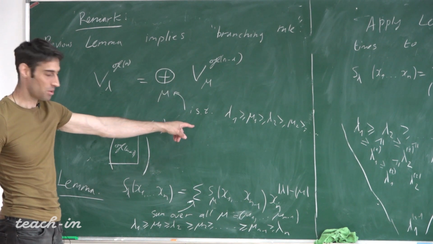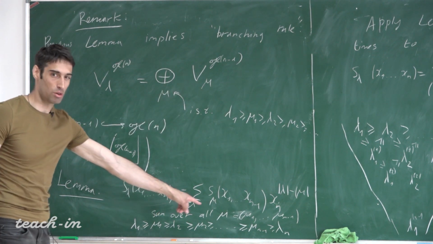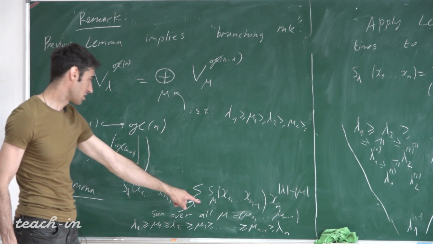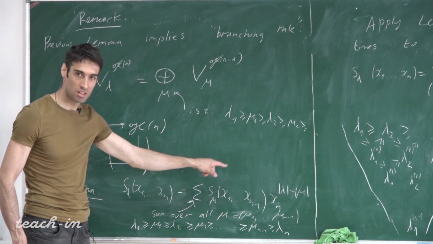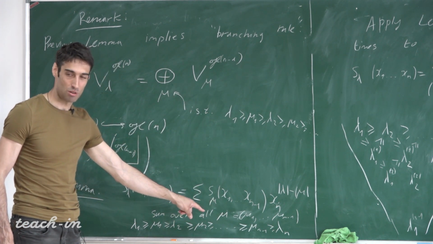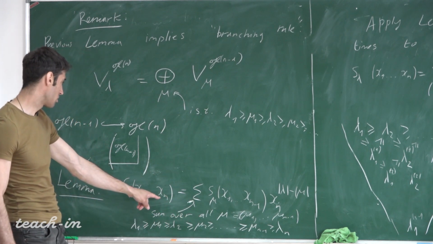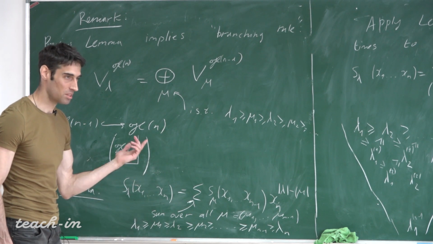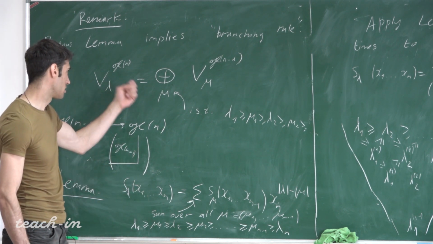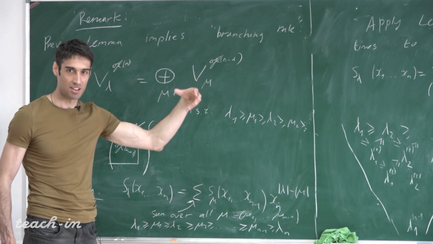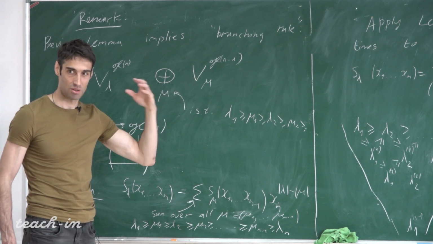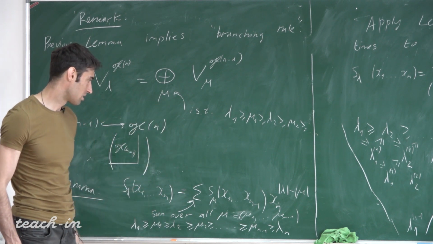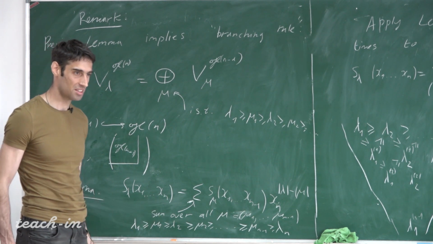Like that, because we know this formula. It's just the formula for characters: this is the character of this representation, and this is the same character decomposed into characters of irreducibles. You have to take xn equal to 1, right? Since you consider GLN minus 1, you don't consider xn. You just forget about this, and so you put xn to be 1 in this setting.